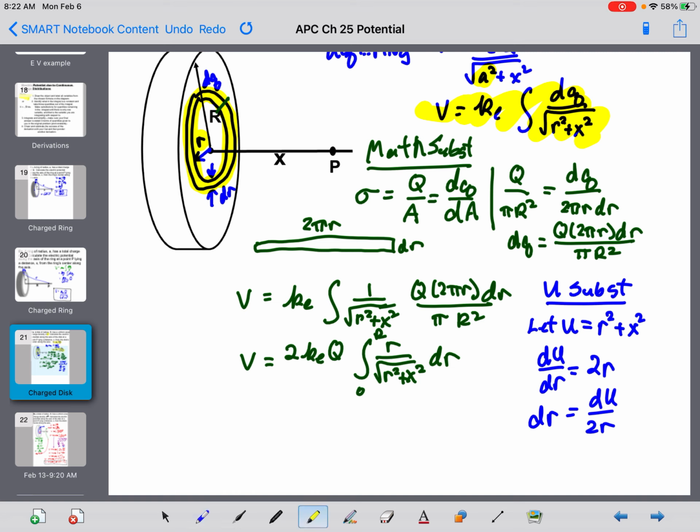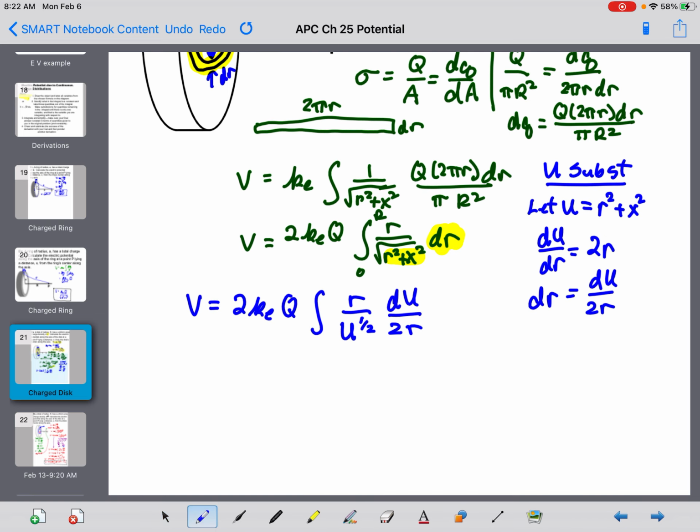Now if I plug that in for dr, and plug u in down in the denominator, then I get V equal to 2 k sub e Q integral of r over u to the 1/2 power du over 2r.